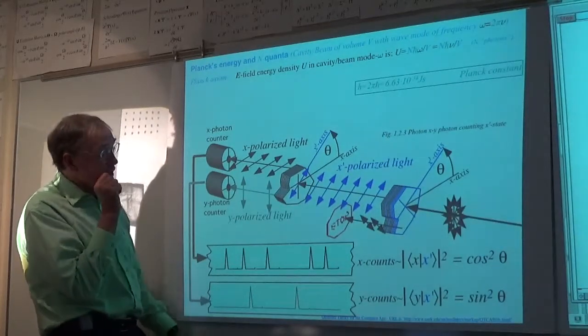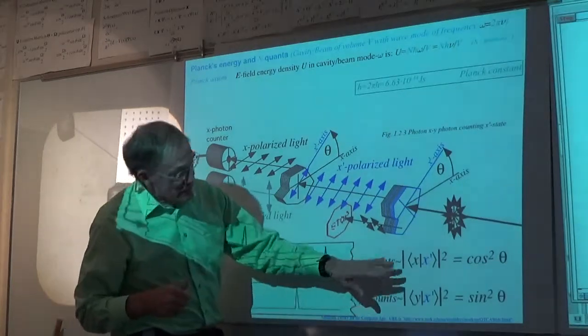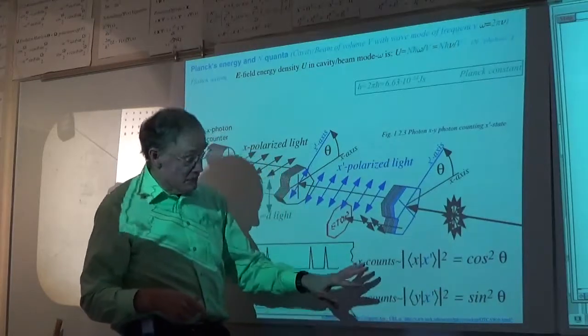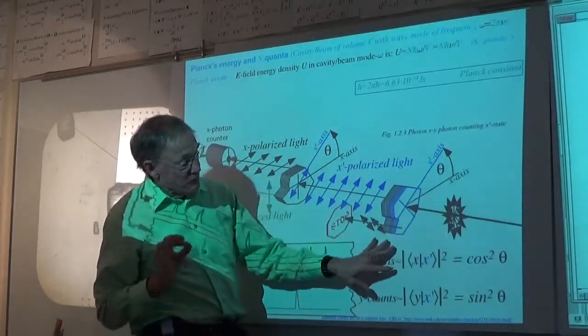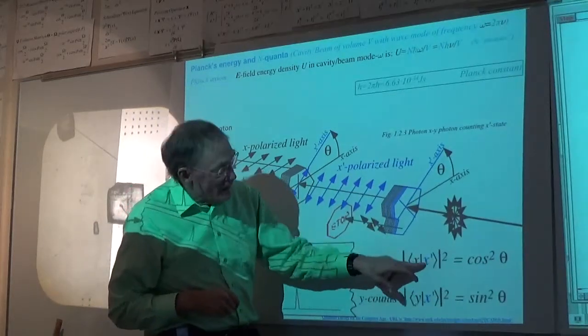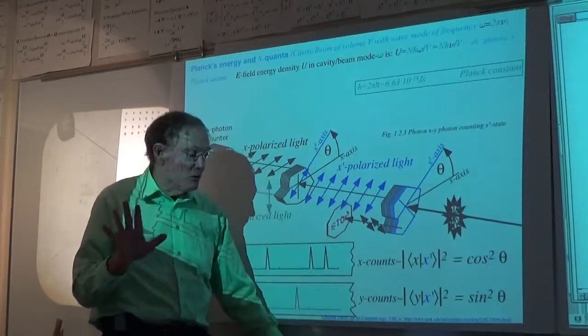But what I'd like to show is that I'd like to prove, we've already proved that these amplitudes are sines and cosines, and I'd like to show you very precisely why we're interested in the square of this matrix element. And this wasn't always obvious.